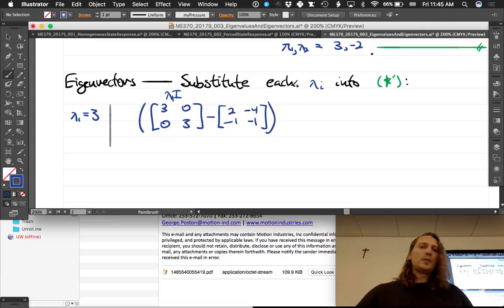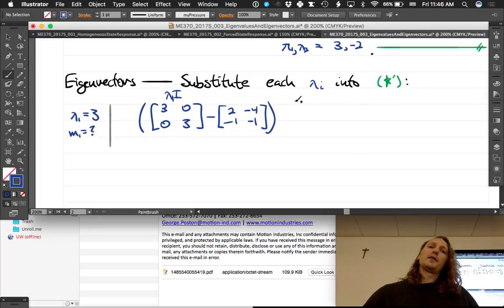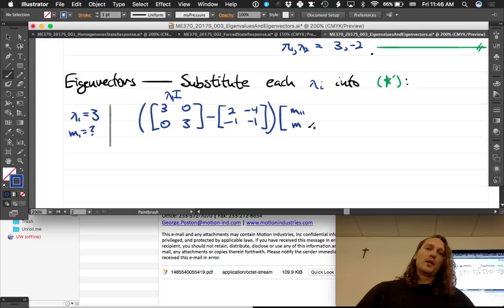And we multiply this vector m1. So we're going to find an m1 equals what? We don't know yet. So we are going to write m1 as 2 unknown values. We're going to call this m11 and m21.